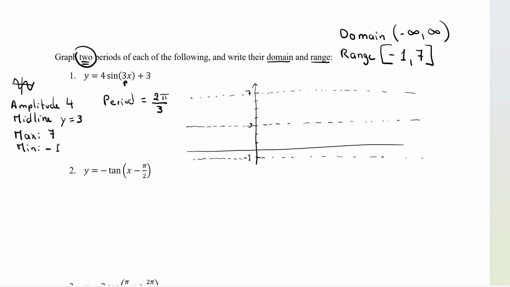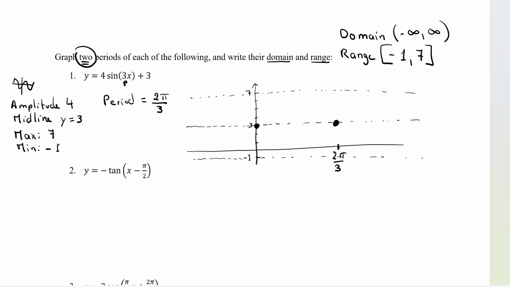So I know my function is going to be graphed between those two extreme lines. And now the period is 2 pi over 3. So I'm starting with the sine, so I'm starting on the midline. And then one full period will be 2 pi over 3. So I'm just going to place that and say, okay, this right there will be my 2 pi over 3.